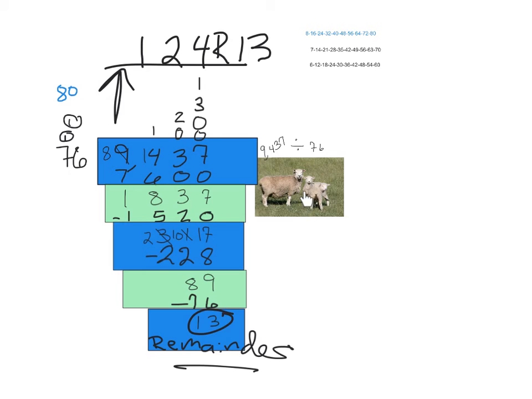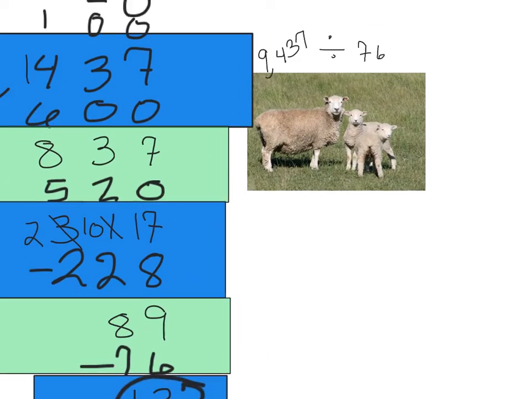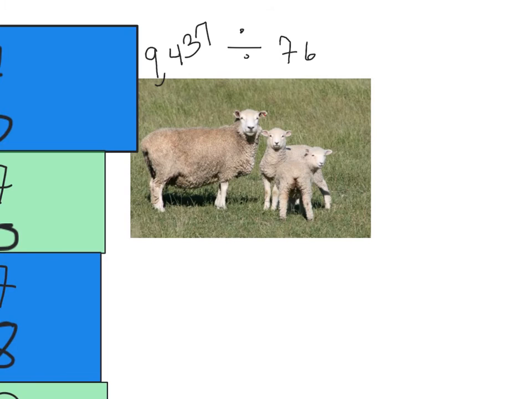So let's take a look back here at our scenario. And you've got these happy sheep right here because the farmer's coming out and he's going to clip them, right? Because it's a hot, hot day. And mama sheep here has 9,437 strands of wool that cover her whole body, right?